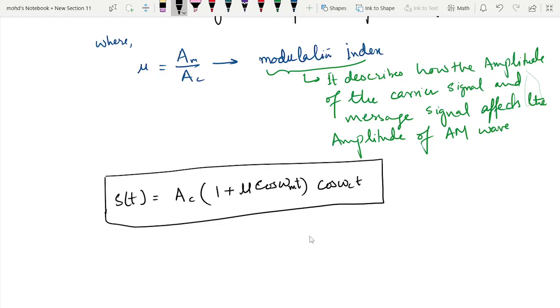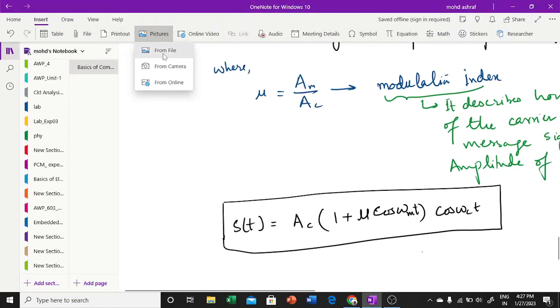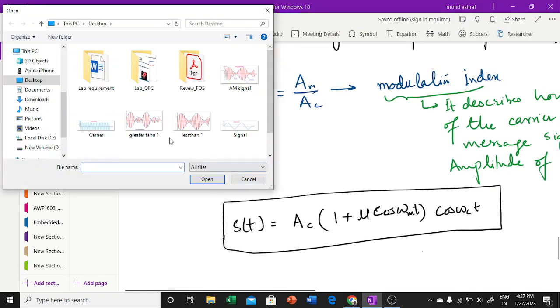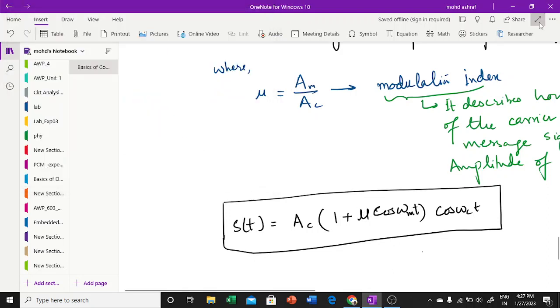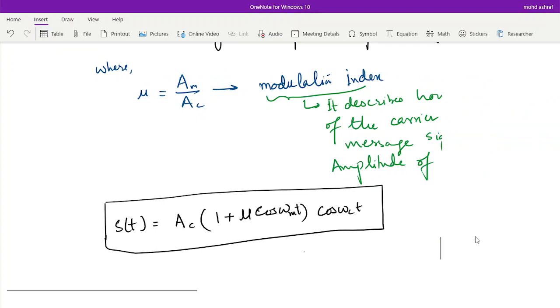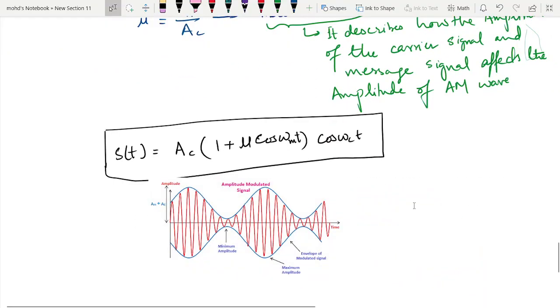So the modulated signal looks like this. You can draw the modulated AM signal.